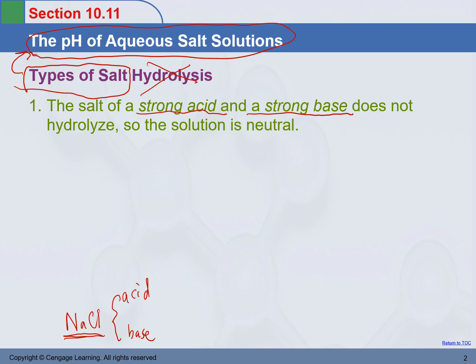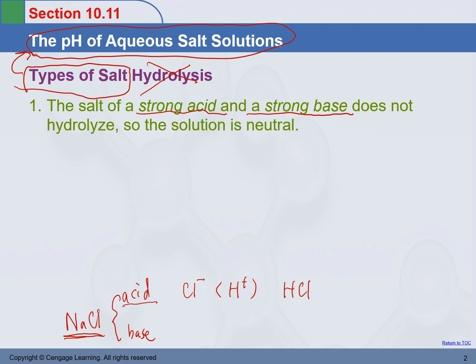Do you still remember how to do that? All right. To get the acid, you take the negative ion in the salt. You keep adding protons to it until it is neutral. In this case, HCl. That will be the acid parent of this NaCl, sodium chloride.